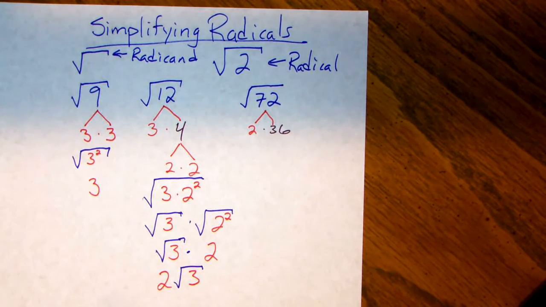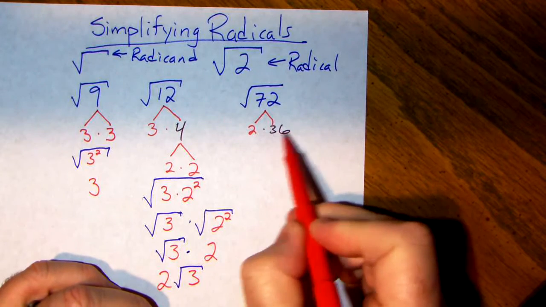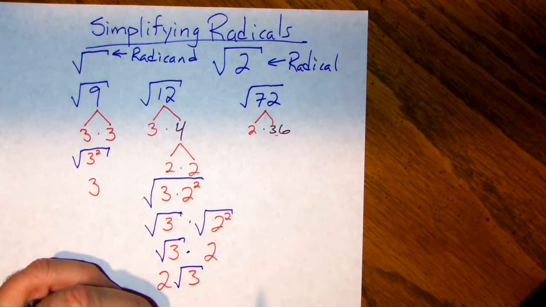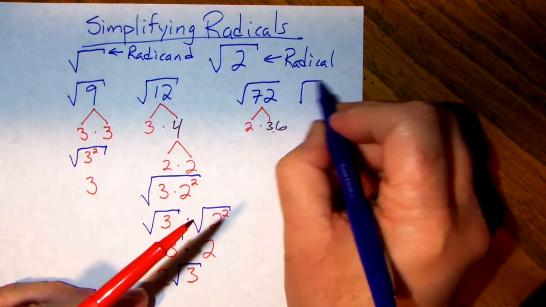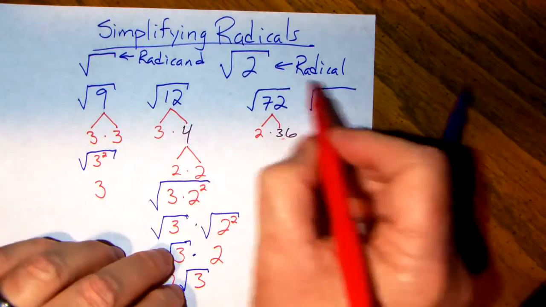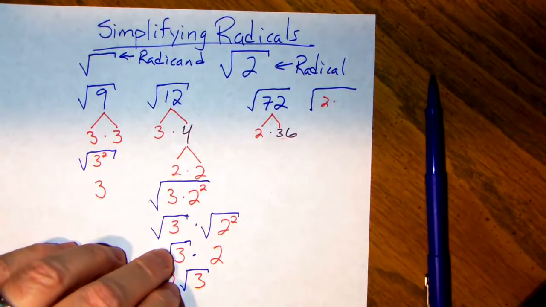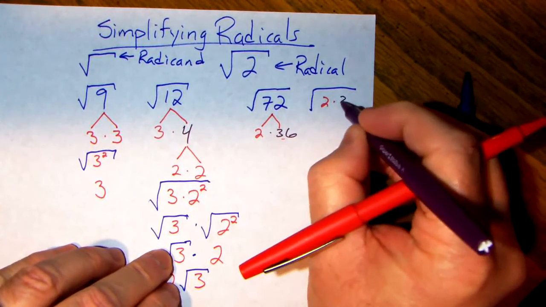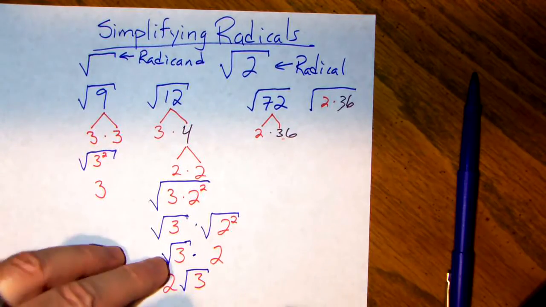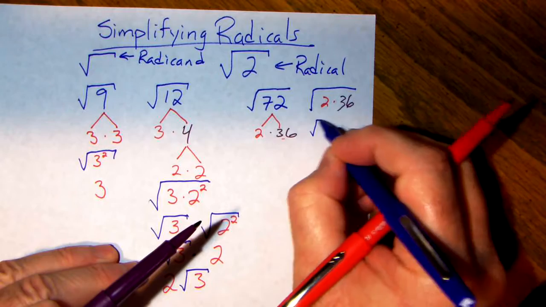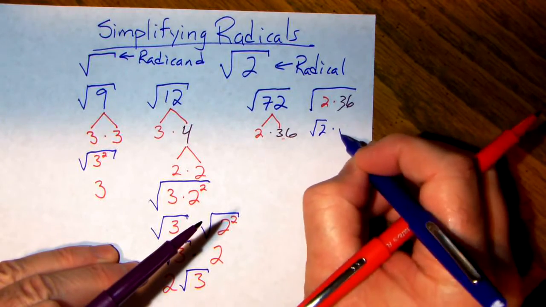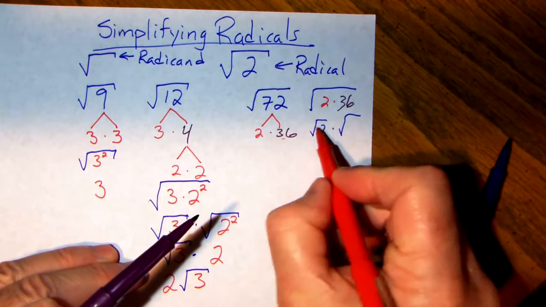Now, at this point in simplifying a radical, if we recognize that we have a perfect square, we can deal with that right here and think of this as the square root of 2 times 36, which is the square root of 2 times the square root of 36.